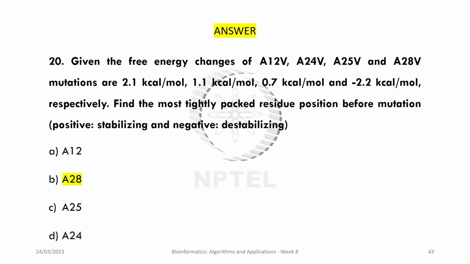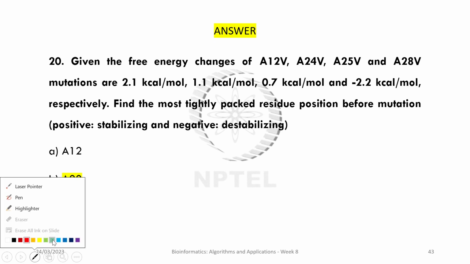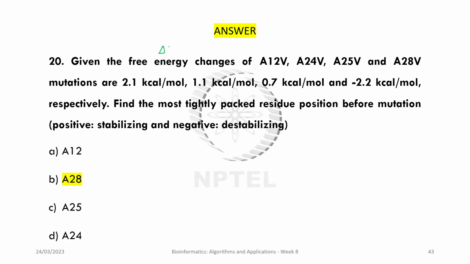So let's see this, because I've not polluted the question with writings. Given the free energy changes, we are essentially looking at delta delta G values of A12V, A24V, A25V, and A28V. And remember this hint: positive is for stabilizing, negative is for destabilizing.